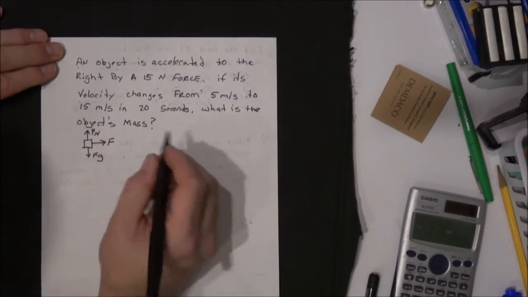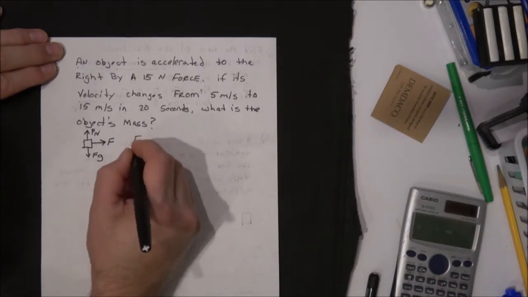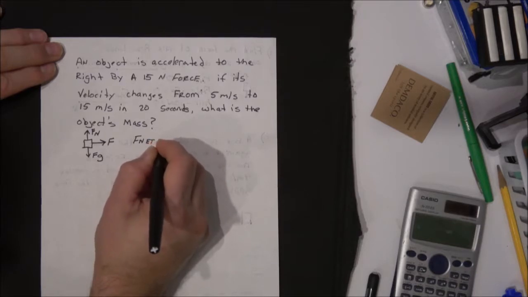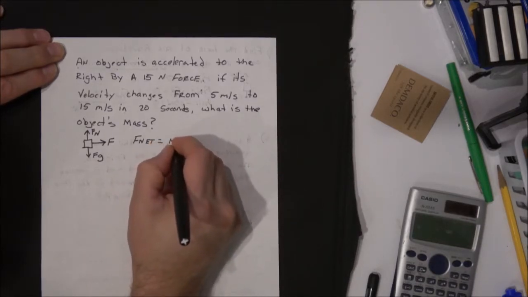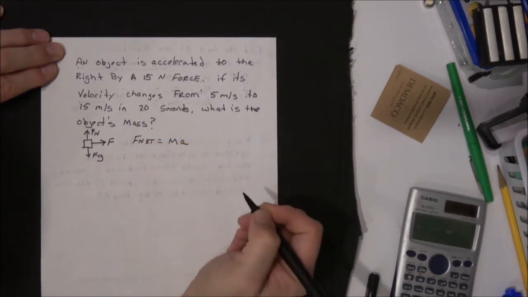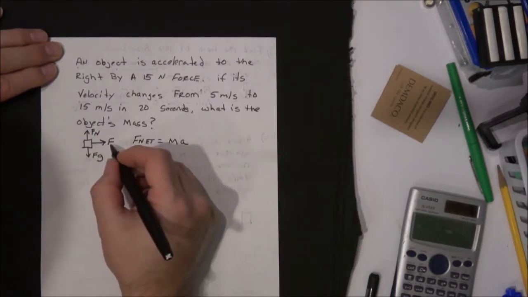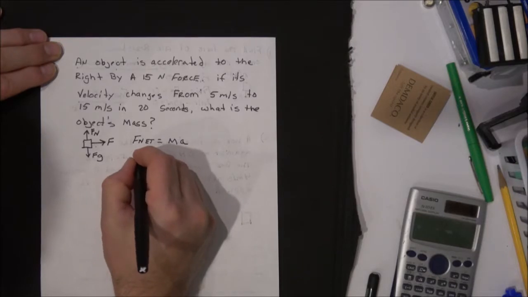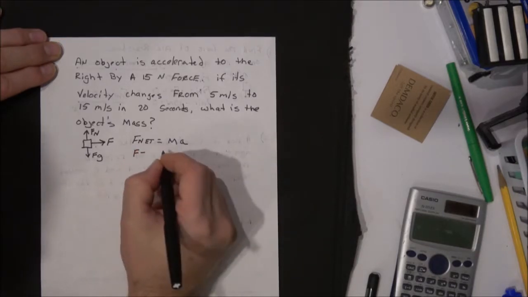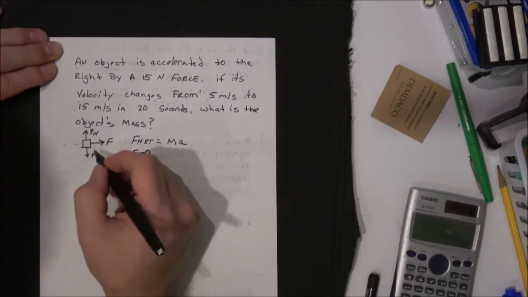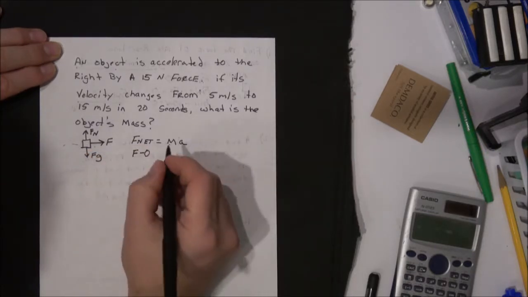So from this diagram, we know that F-net equals mass times acceleration. We also can look at the diagram and see that the F-net is going to be F minus 0 because there's nothing on this side of the diagram acting against the force that we've applied.